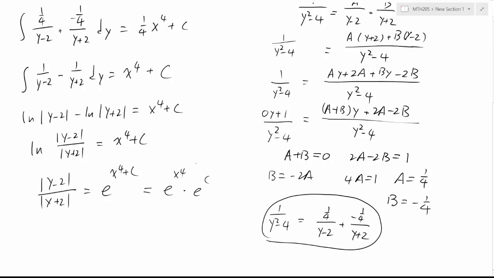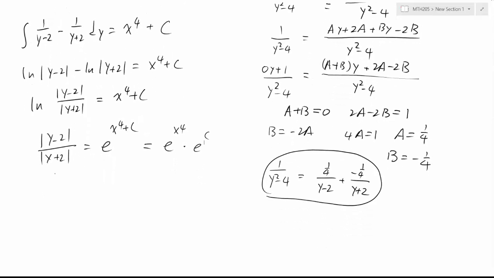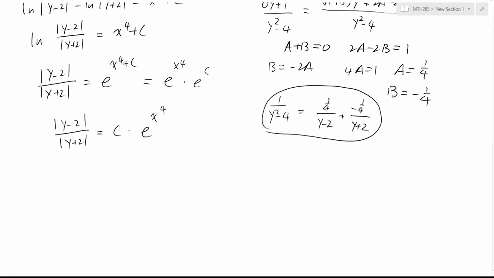But e to the power c is just another constant, so we can say the final answer is the absolute value of (y minus 2) over (y plus 2) is equal to another constant c times e to the x to the fourth. Because this constant c can be positive or negative, we can further simplify: (y minus 2) over (y plus 2) should be equal to c e to the x to the fourth.